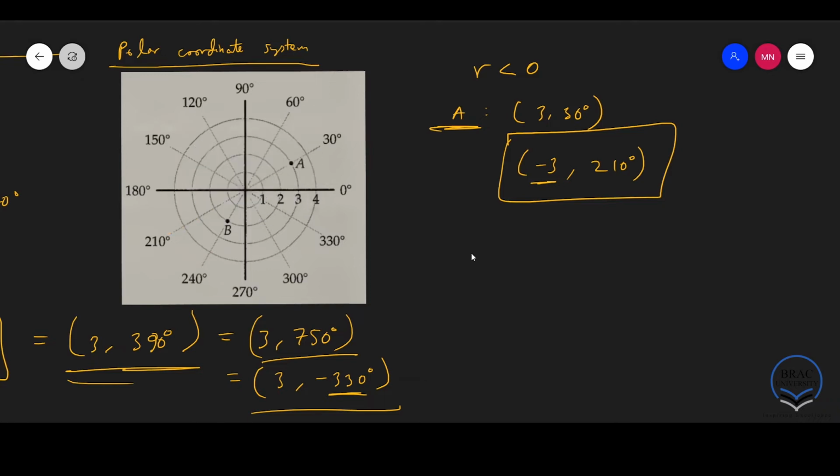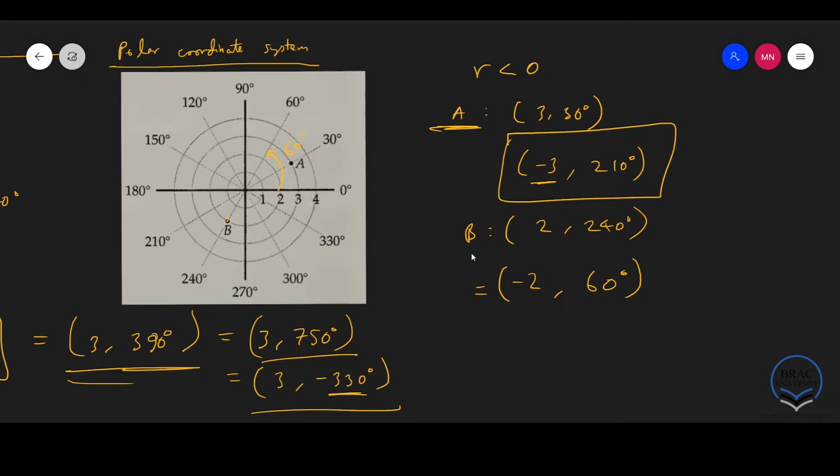Similarly, for the point B, we know that the point B has the coordinates 2, 240 degrees, right? We can once again consider a negative radius. So if I rotate by 60 degrees, well then I can consider a negative radius of minus 2. So I can have minus 2 and 60 degrees, right?